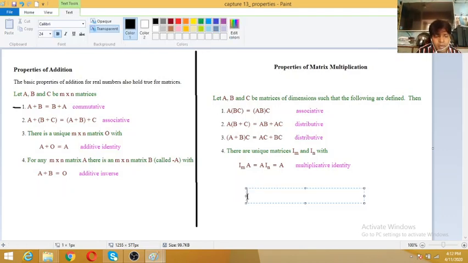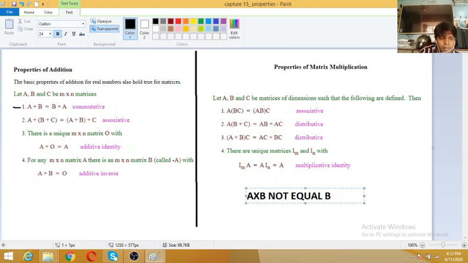That means when I multiply a to b, it is not equal to b multiplied by a. You can try this. A cross b is not equal to b cross a. This doesn't hold for multiplication of two matrices, but it is a true rule for addition of two matrices, that is a plus b is equal to b plus a.